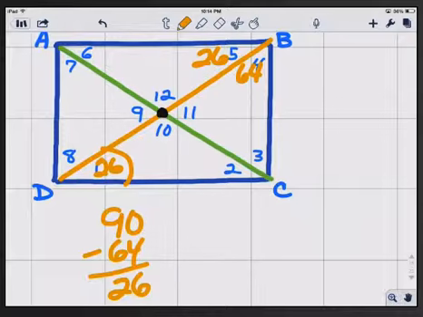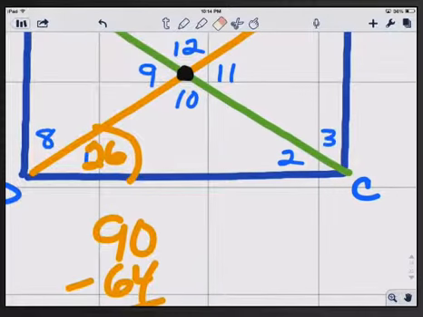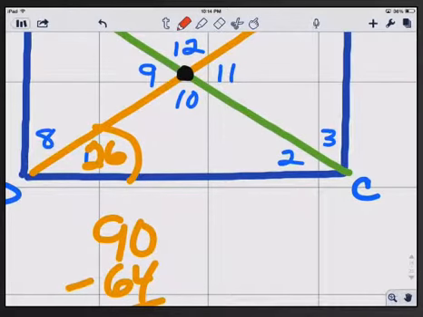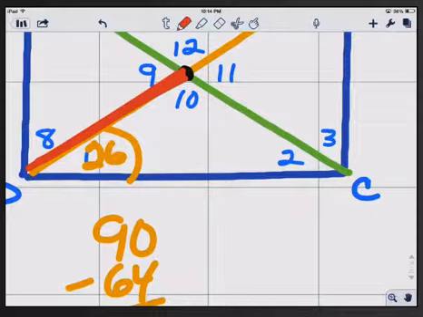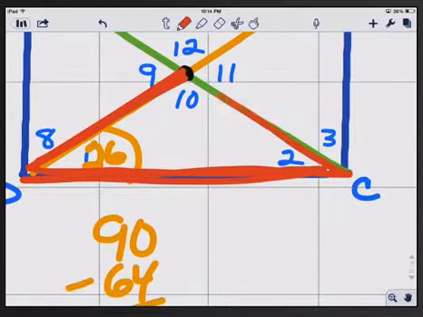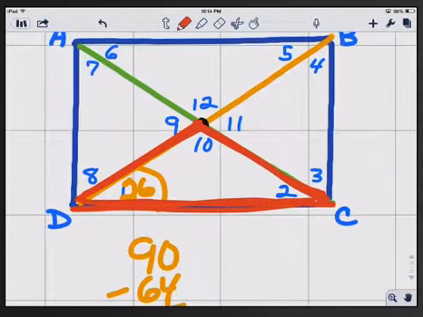We can continue quite a few different ways, but the way in which I want you to look at the diagram is this way. If we can zoom in on this, let's choose a different color. We'll pick red. See this triangle? From the previous problem, we figured out that because the diagonals are congruent and they bisect each other, all four parts of the two diagonals, those segments right there, all have to be congruent.